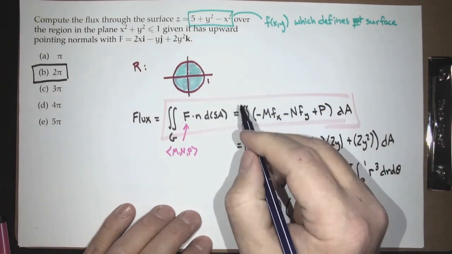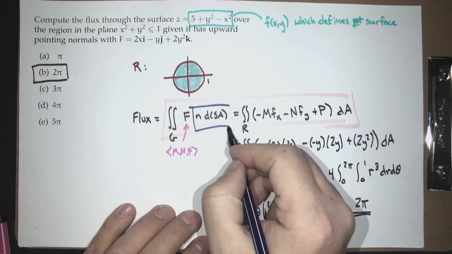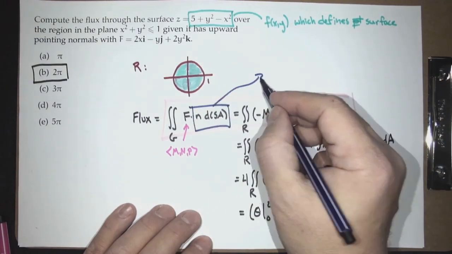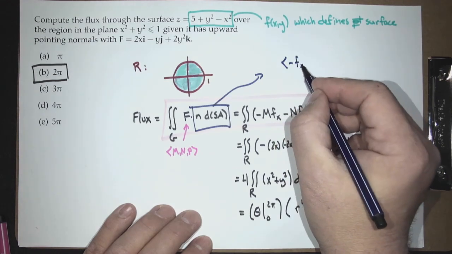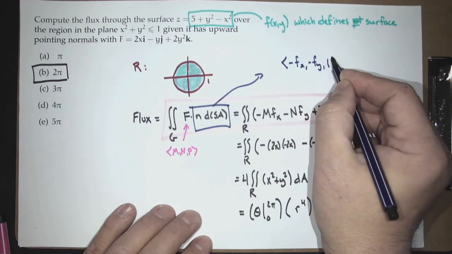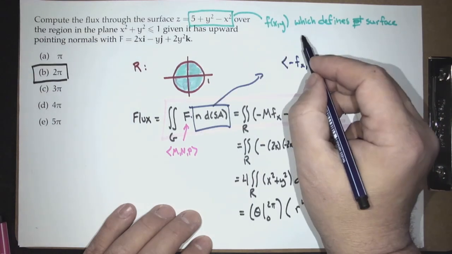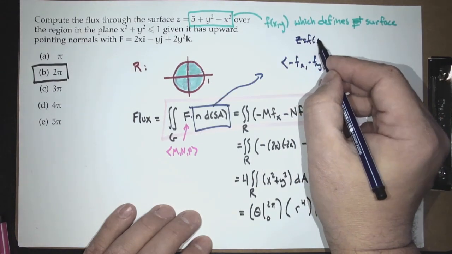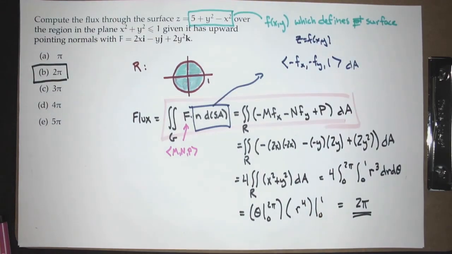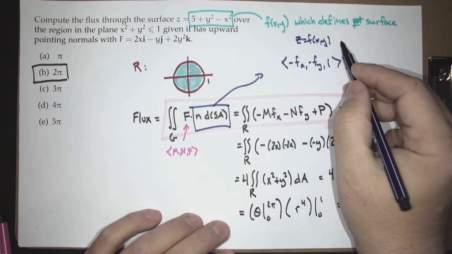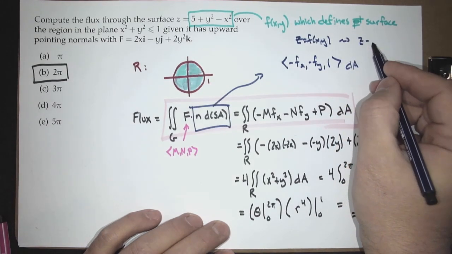What really happens is that this n dS, it's minus f_x, minus f_y, 1 dA. And where this is coming from is you start with your surface z equals f of x y, and you're finding perpendicular vectors. And the way that's very easy for us to find perpendicular stuff is to use gradients.